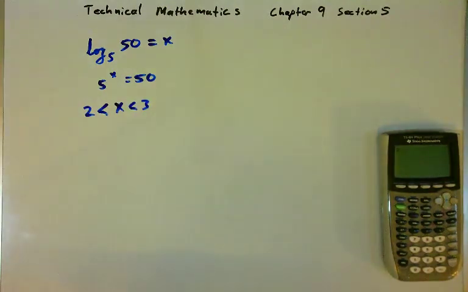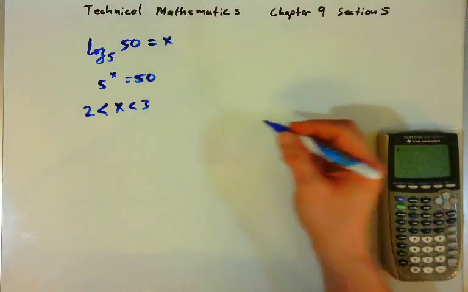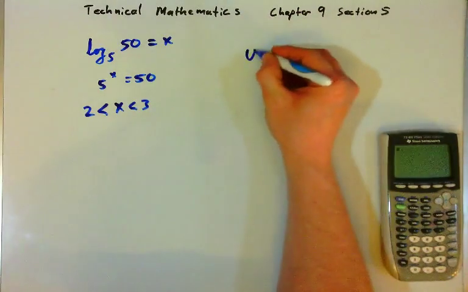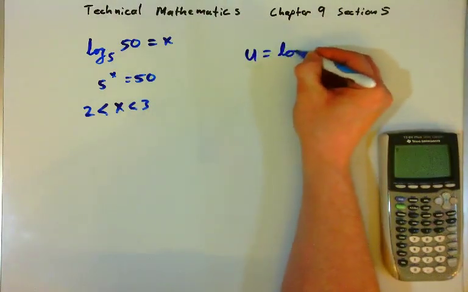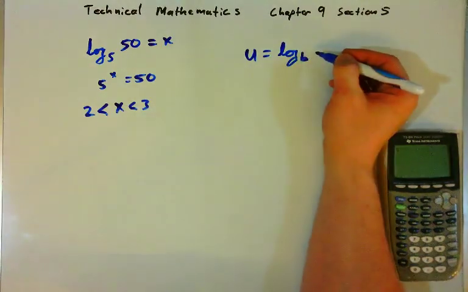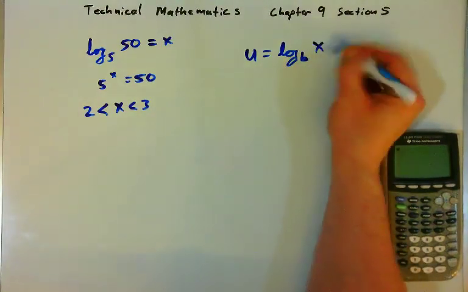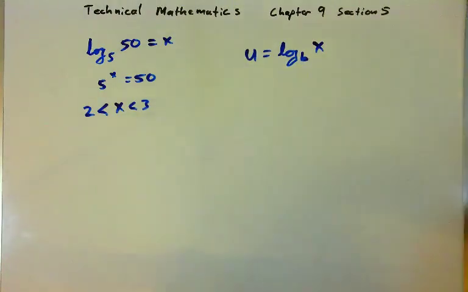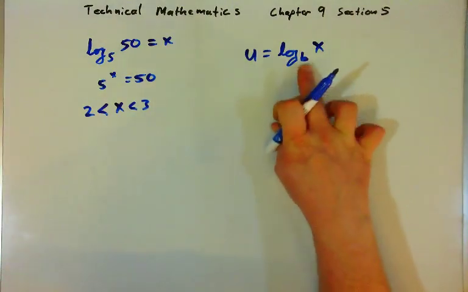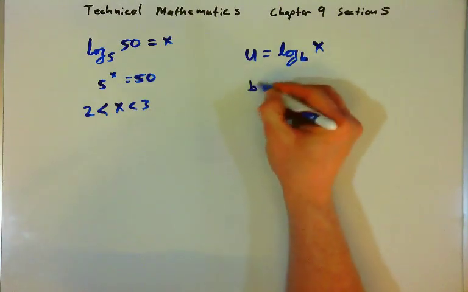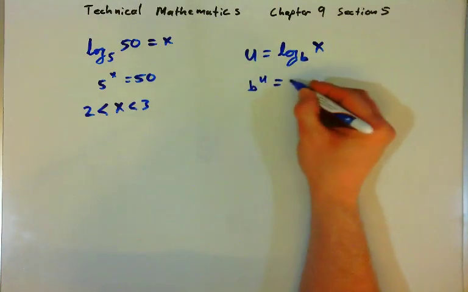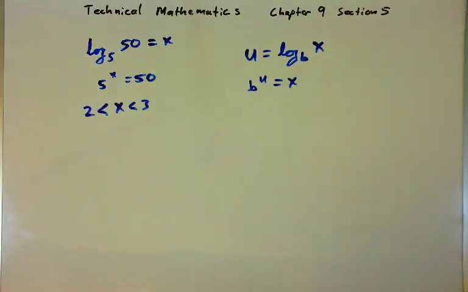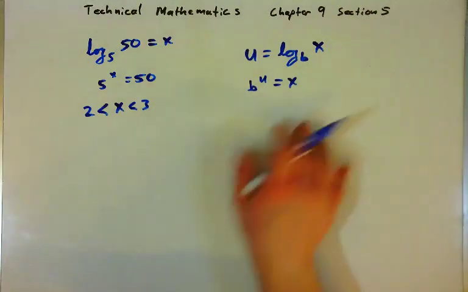It's a decimal. And so consider that u is equal to log base b of x, where b is some base, right? Some base other than 10 or e. And so if we rewrite this as an exponential, this is b to the u power is equal to x.